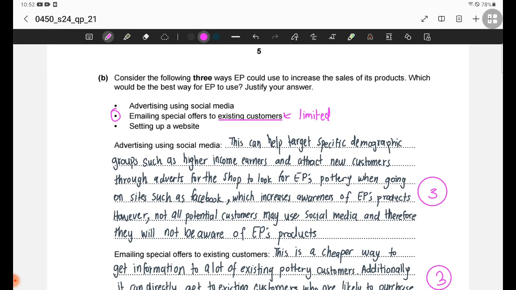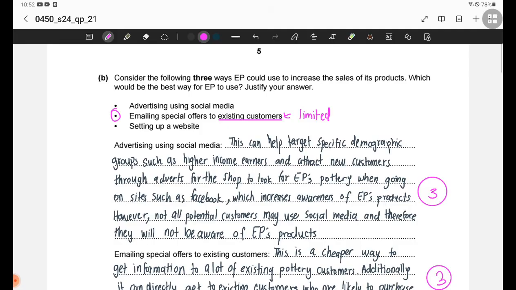Now let's organize these. We will also be adding applications, so this can help target a specific group of people or demographic group, such as higher income earners. Like I said, it can also attract more customers in another way, as social media can be used to detail and also to make wide awareness.